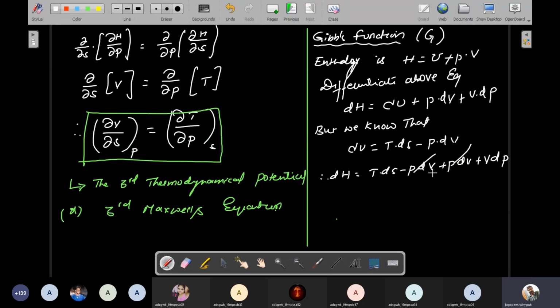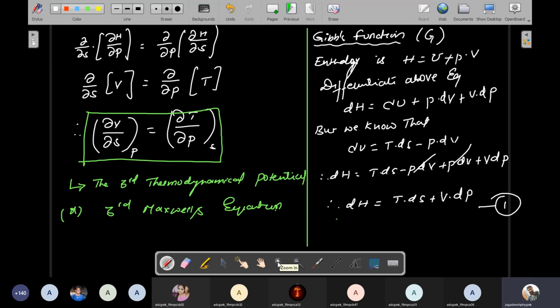These two P dV terms will be cancelled. So finally, you will get dH is equal to T dS plus V dP. From using the enthalpy equation, we derive this equation. Write this as equation 1.